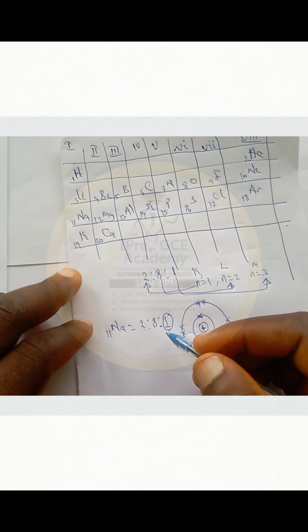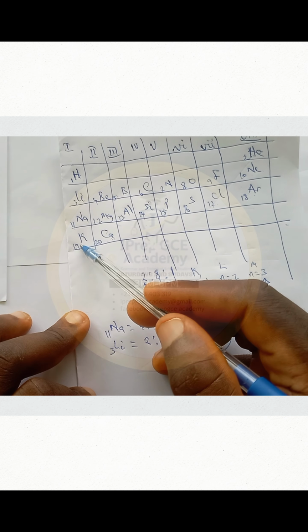Let's try to write the electronic configuration of another element like lithium. Lithium has 3 protons, or 3 electrons also. The first shell takes 2 electrons, and the last shell will have 1 electron. So lithium also has 1 valence electron, or 1 electron in its outermost shell, just like sodium had 1 electron in its outermost shell.